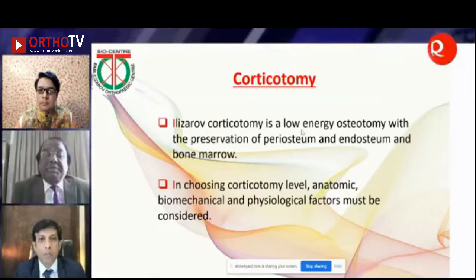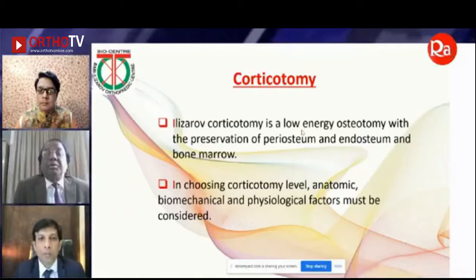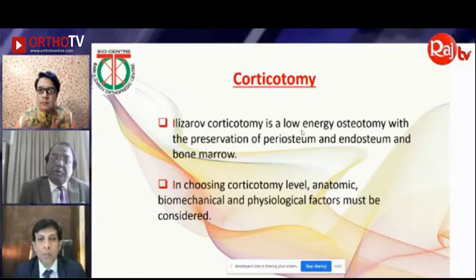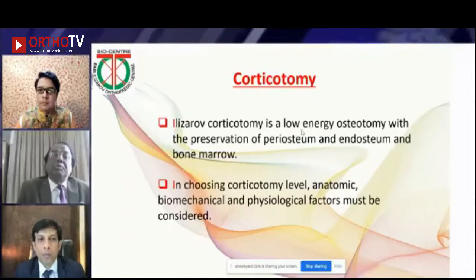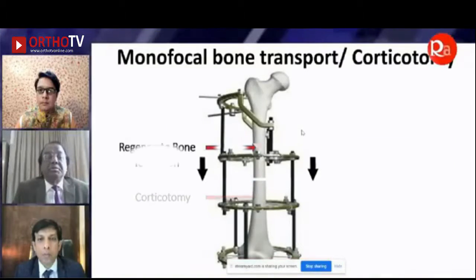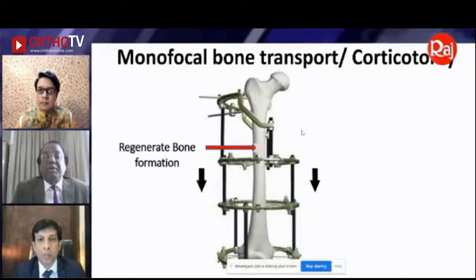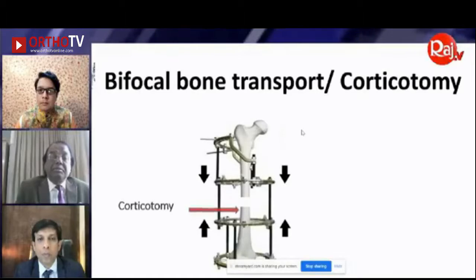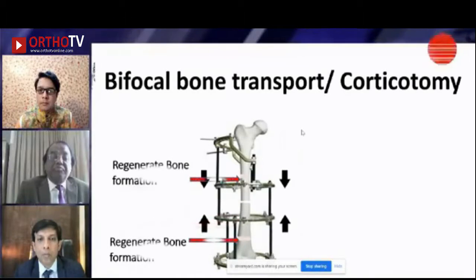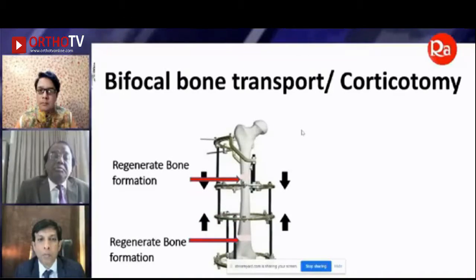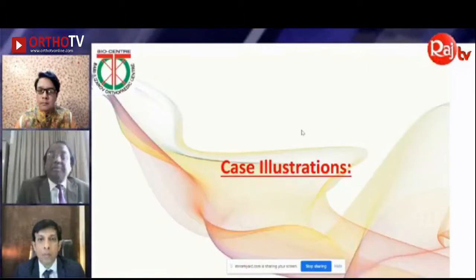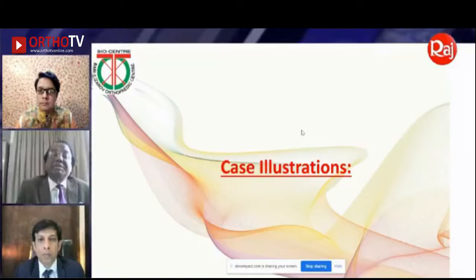Most of the Ilizarov surgeons know what is corticotomy: low energy osteotomy with the preservation of periosteum, endosteum, and the bone marrow. And so here you can see the monofocal bone transport, corticotomy, one level. This is bifocal, from the upper part and from the below part. And let us see some case illustrations.